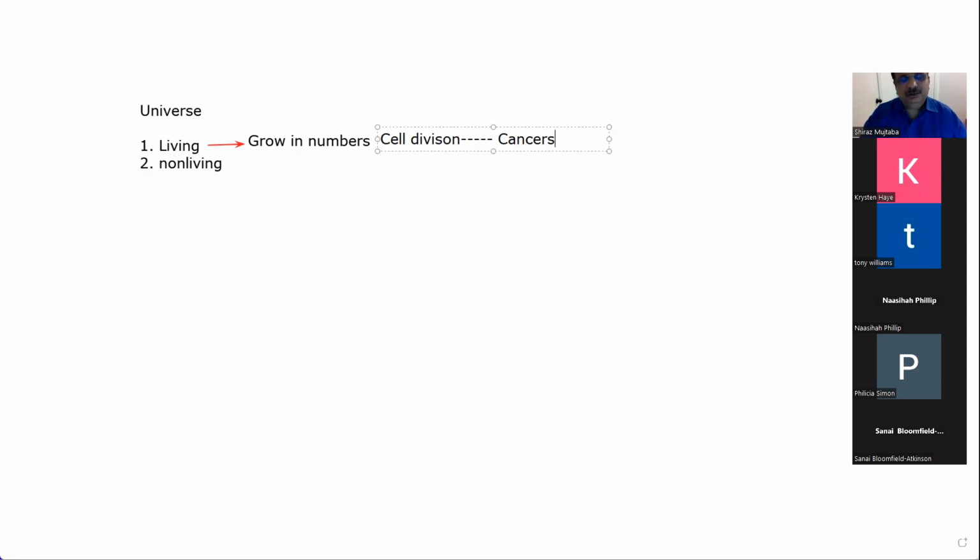In bacterial cells, the knowledge of bacteria is important because a bacterium is an infectious organism, right? It can cause diseases. So if we know the cellular aspect of bacteria, then it will help to develop good antibiotics.